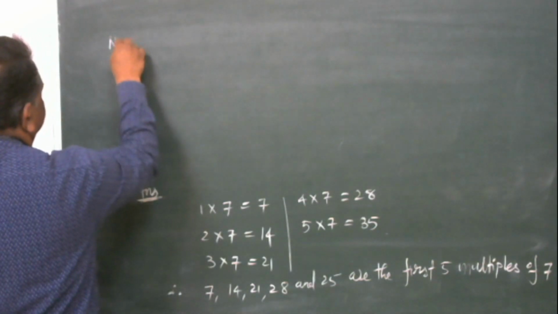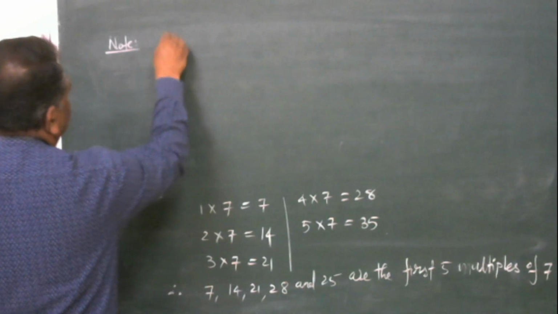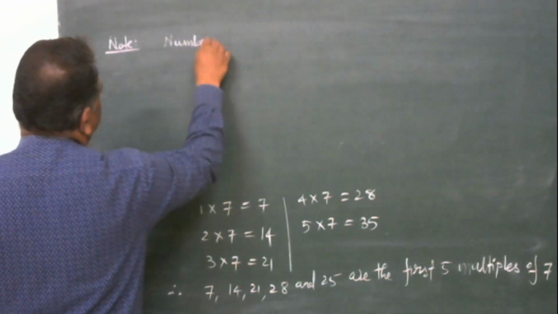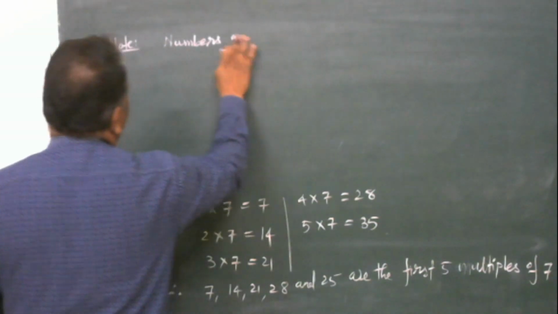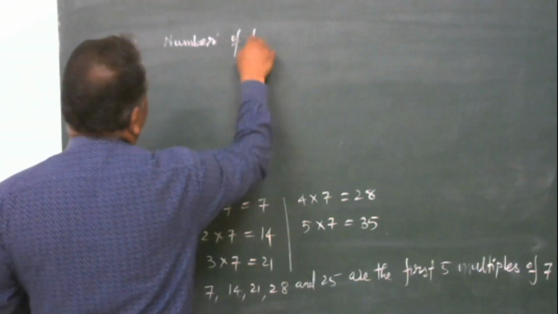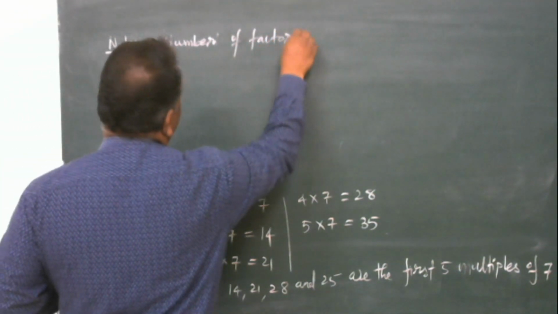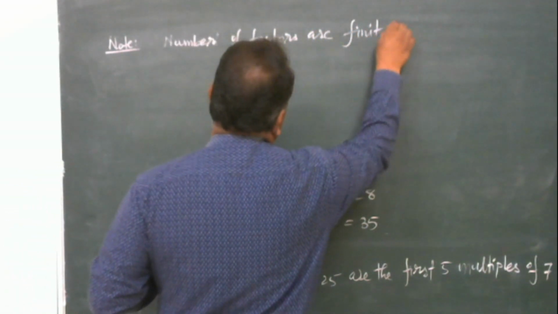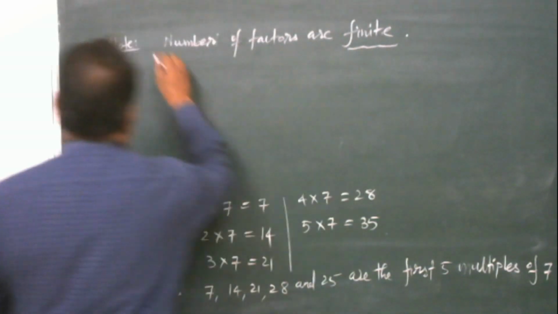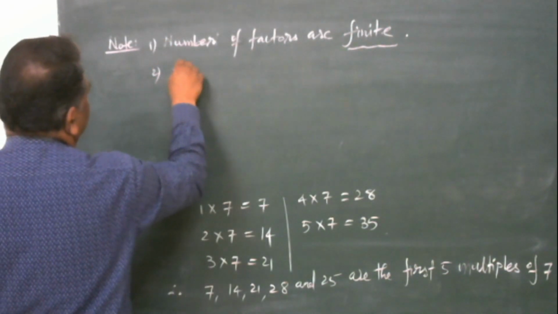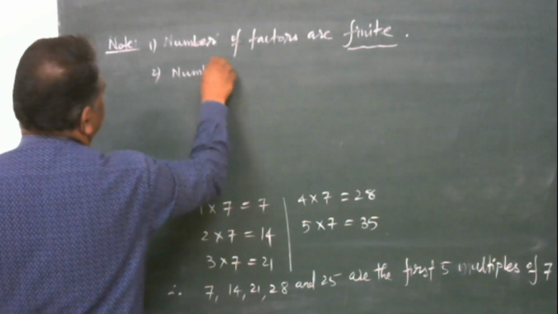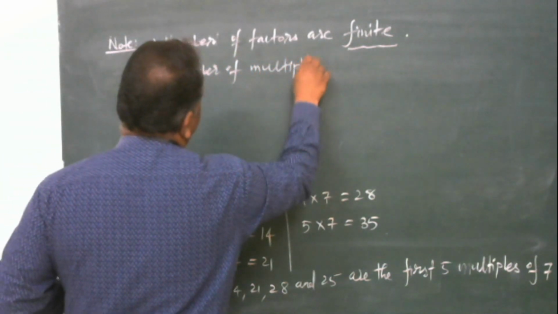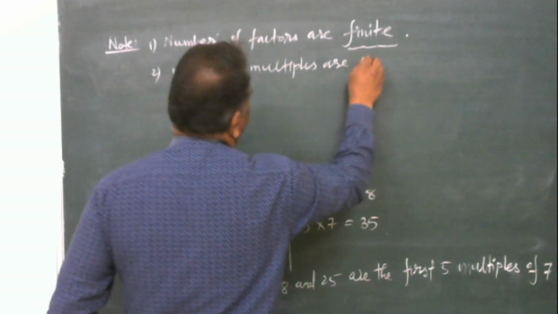Note: number of factors are finite. Number of multiples are infinite.